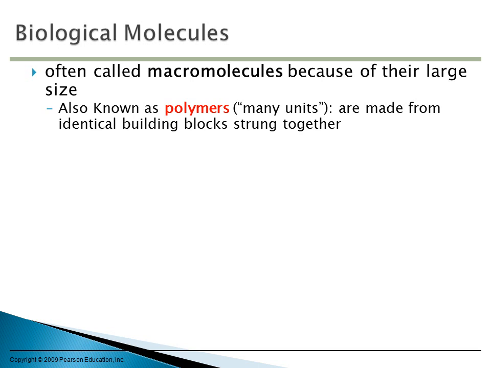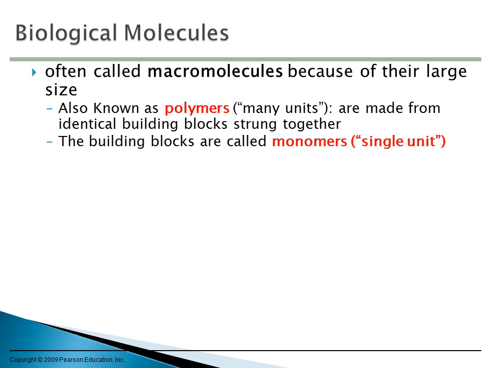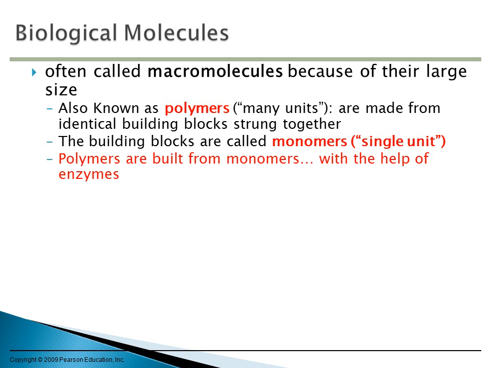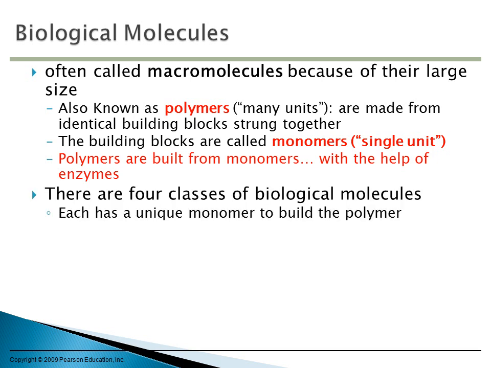We might also call them polymers because they're many units strung together from these identical building blocks called monomers. Polymers are built from many monomers with the help of enzymes. Enzymes facilitate chemical reactions, they help to build these long chains, these polymers.